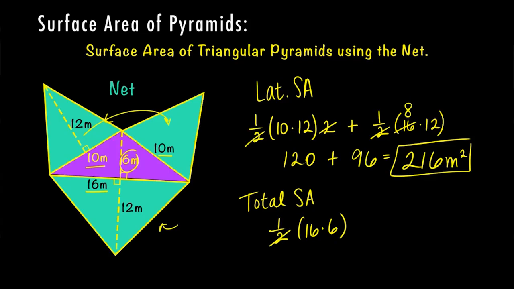So now I'm going to find half of 16, which is 8. 8 times 6 is 48, and then I'm going to add that to the 216. So I can see here my total surface area of this triangular pyramid is 264 meters squared.